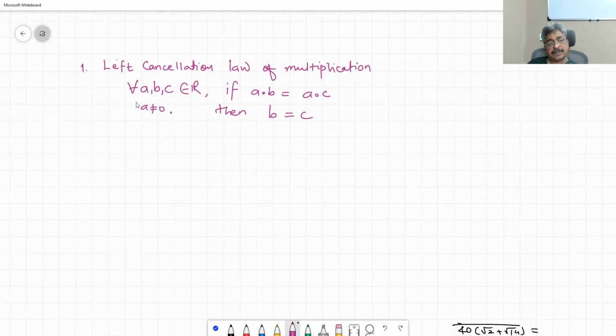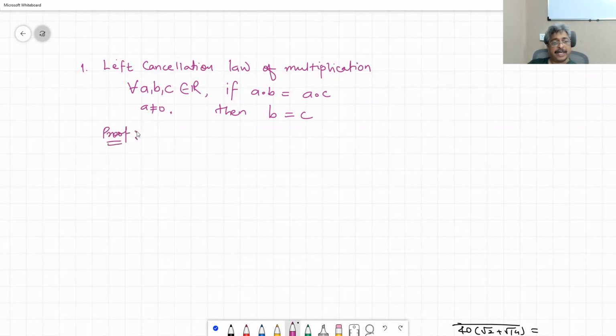The statement is: for every a, b, c belonging to R, a is not equal to 0, if a dot b is equal to a dot c, then b is equal to c. Proof.